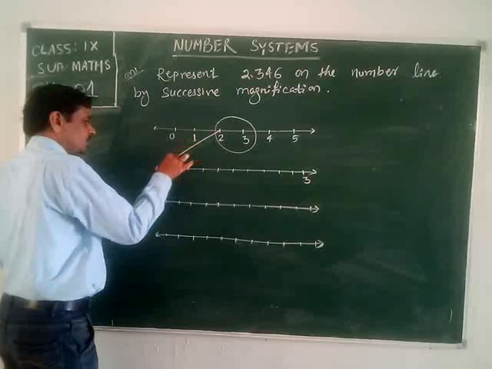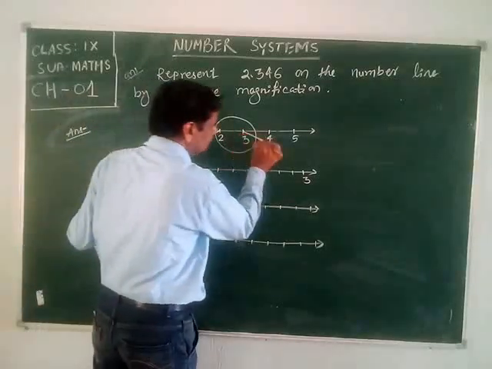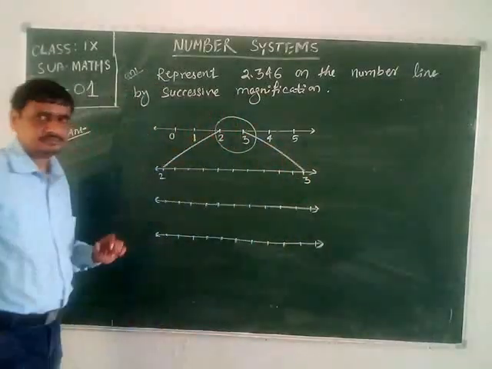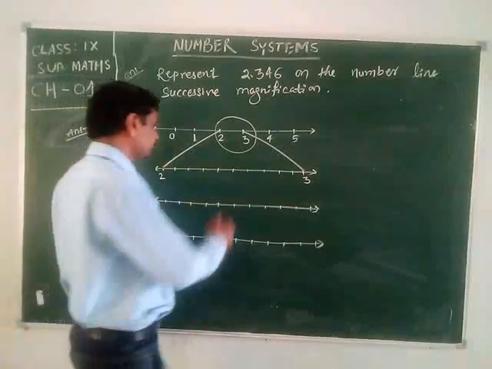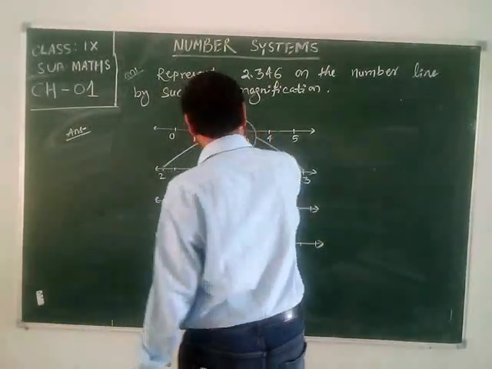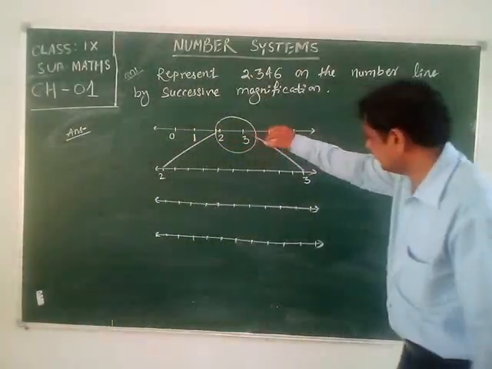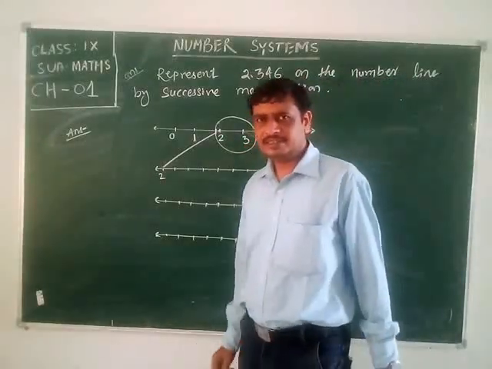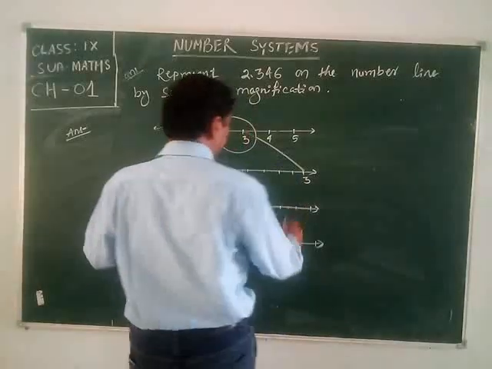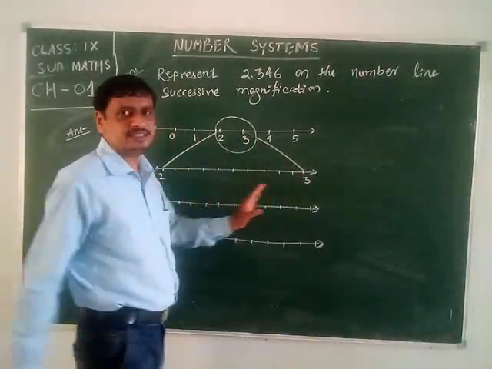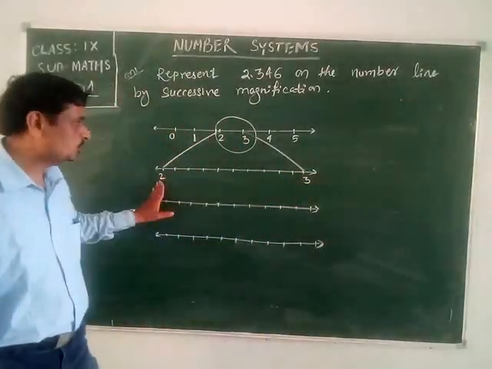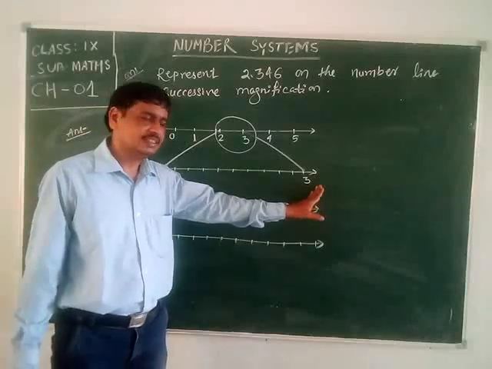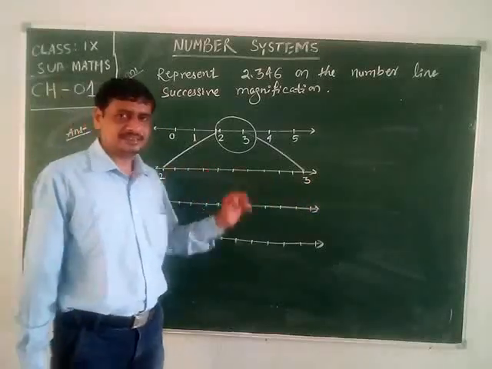Here, this one is 2, this one is 3. It is magnified. After that, we will divide this segment whose ends are 2 and 3 into 10 parts.